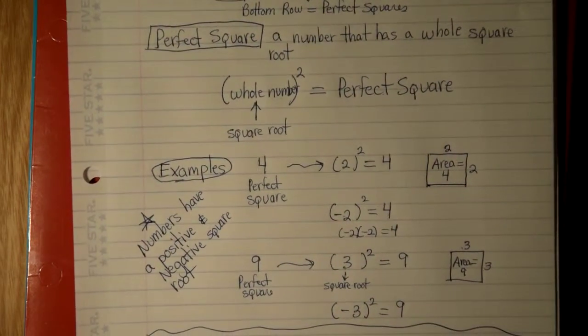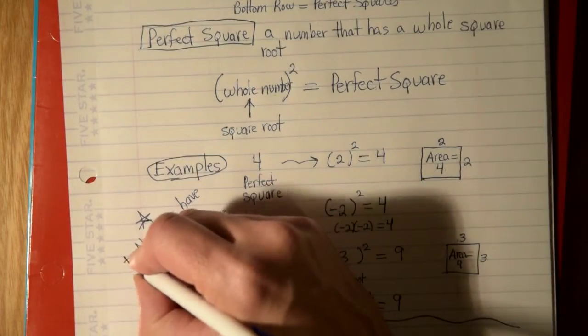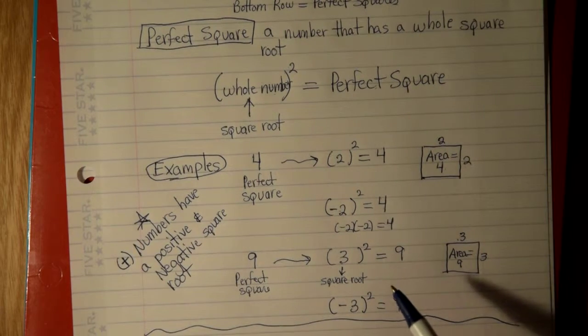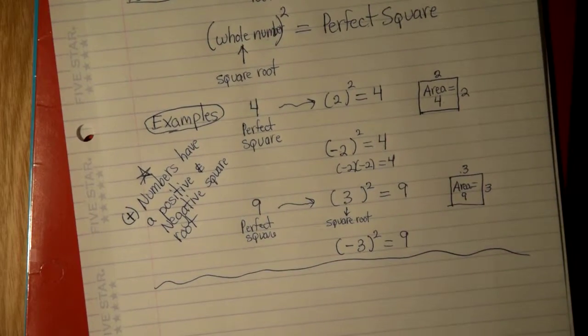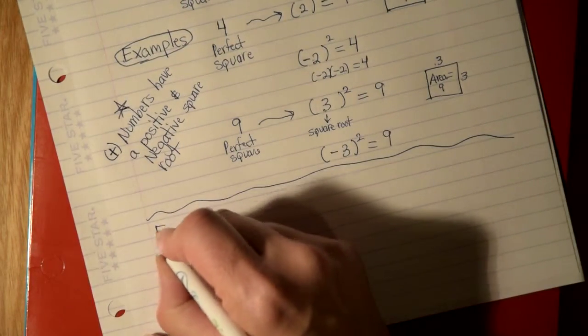Numbers have a positive and a negative square root, but we need to say positive numbers, and we'll see why. Positive numbers have a positive and negative square root. Now, if that's still not making much sense, then I think it will once we do the examples here.